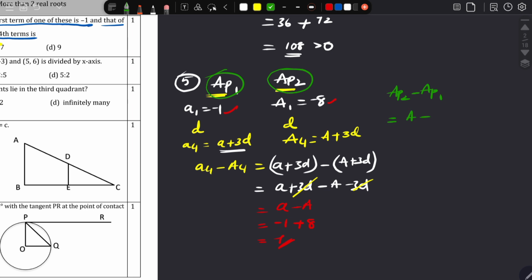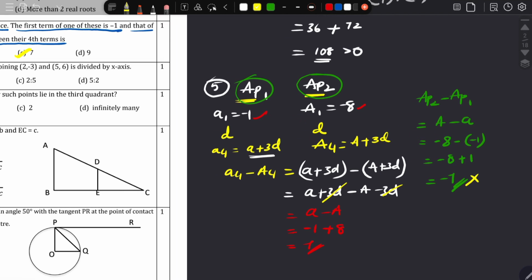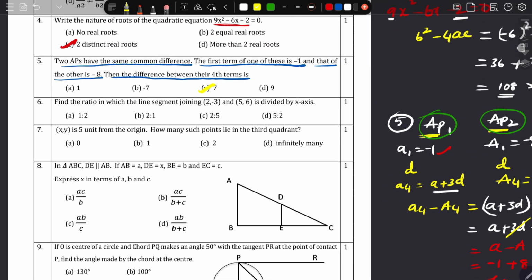Capital A minus small a, and 3d anyhow cancels. So I'll get minus 8 minus of minus 1, which is minus 8 plus 1, so I'll get minus 7. But remember, the difference can never be a negative value. So even then we have to consider option C only. Try to understand.